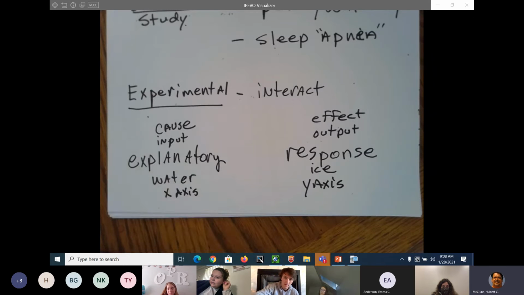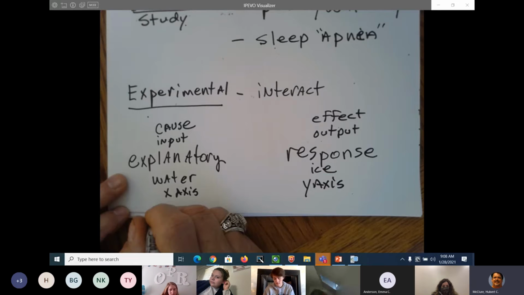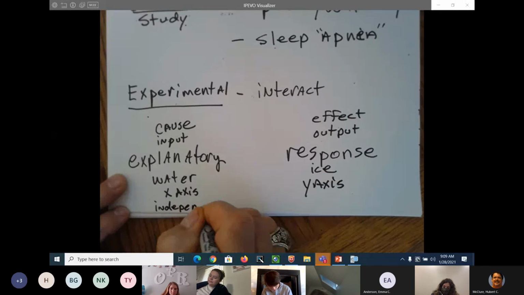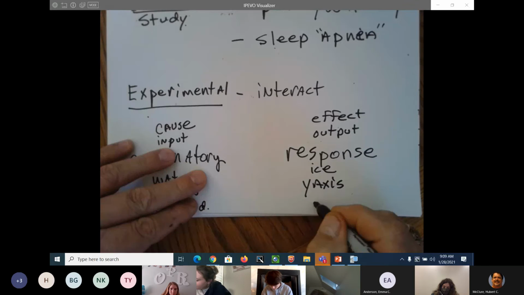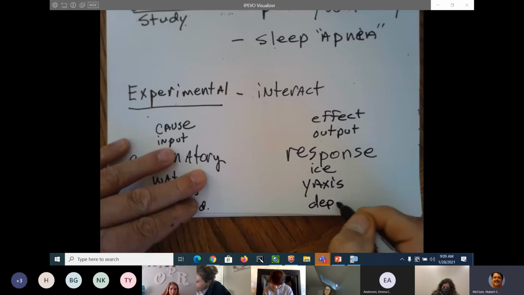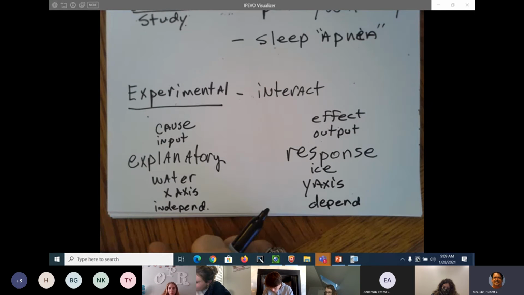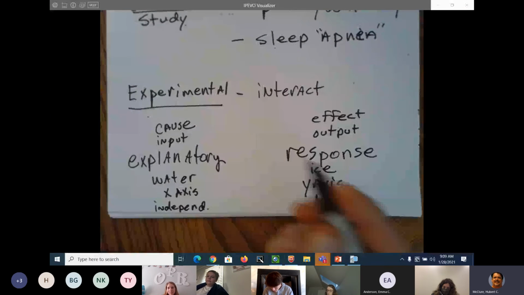Good job. Dependent and independent. And one more. One starts with a D and the other one starts with an R. Domain and range. Good job.